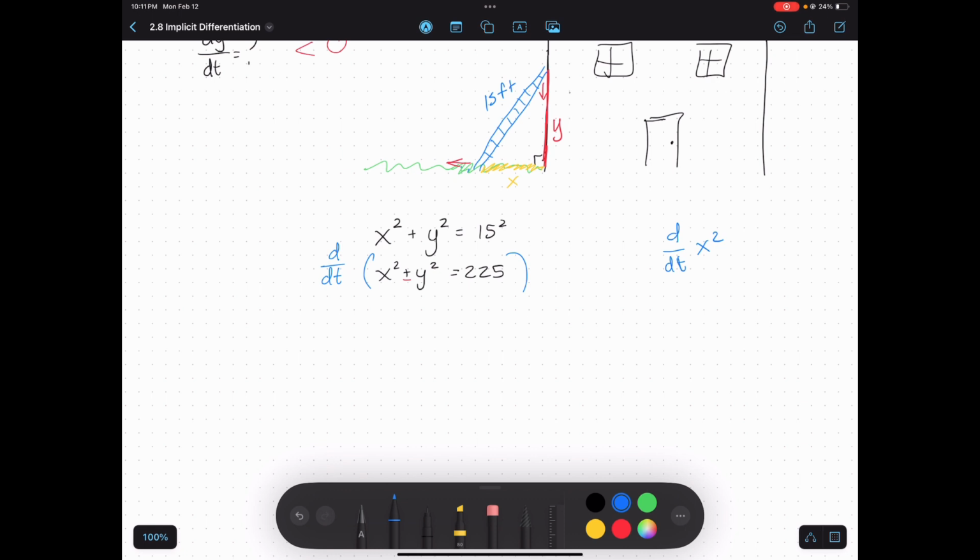So I need to use implicit differentiation. And what that boils down to, like before, is I can go ahead and write this out if you want. This boils down to dx over dt times d over dx. That allows me to take the derivative of x squared in terms of x, and I get dx over dt times 2x. So that's what I get for my first term.